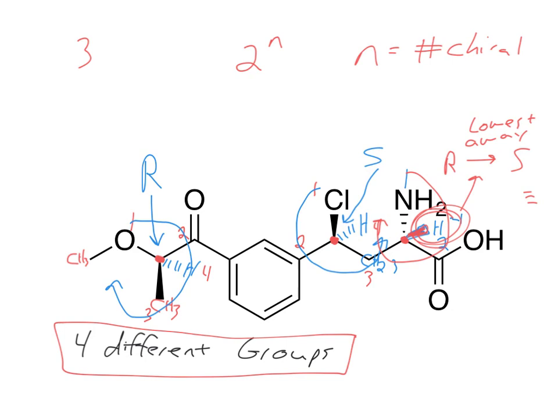Now, when we're doing this, we want to plug it in for n on top, so you actually get for this problem 2 to the third. And remember, that really means 2 times 2 times 2, which equals 8, which means we have 8 possible stereoisomers. And where the 2 comes from is at every chiral center we have a choice between R or S. So if you're going to draw all the stereoisomers for this molecule, you could draw 8 of them.